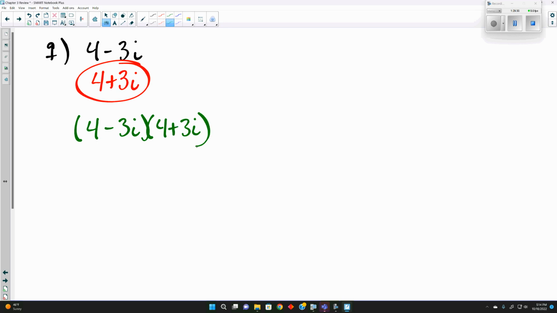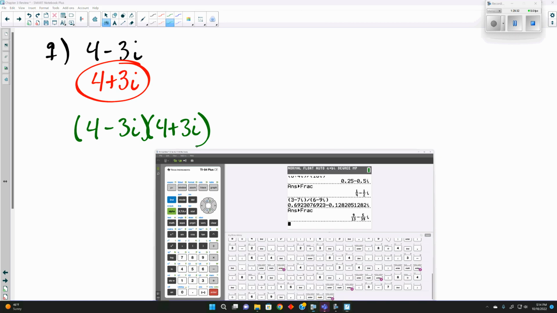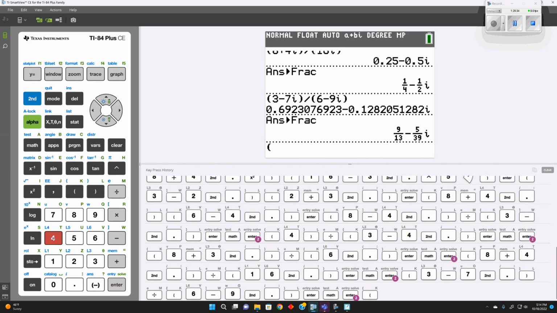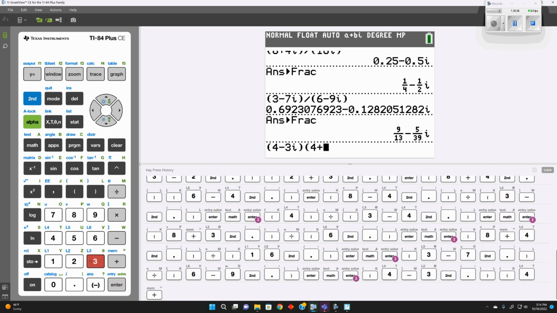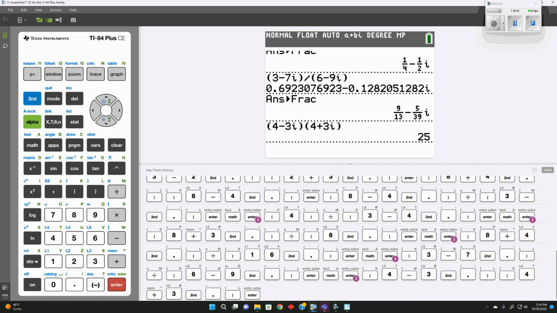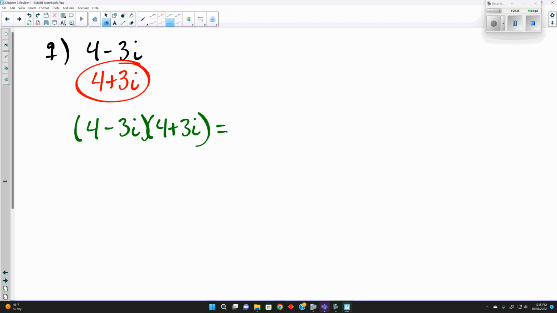And we're going to multiply these together. Well, again, doing it in the calculator, 4 minus 3i times 4 plus 3i. And when we multiply the conjugates together, we should just get a number. So this here is 25.